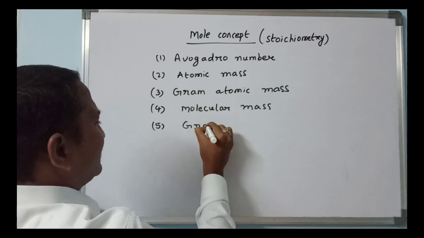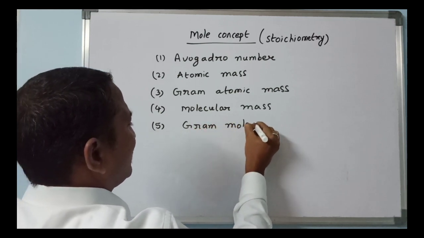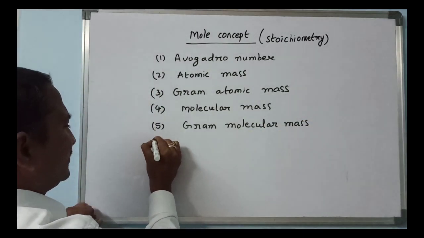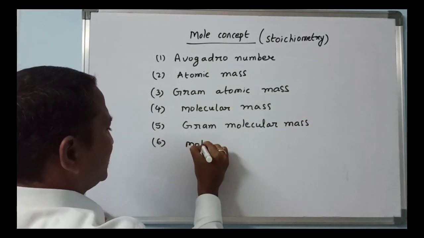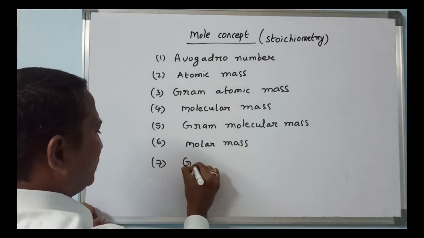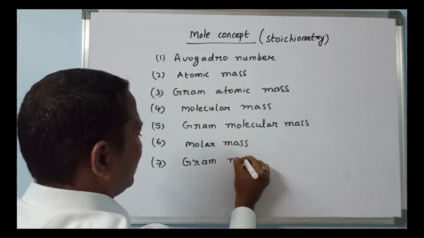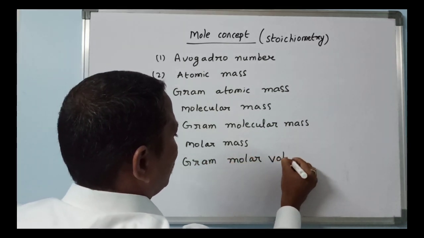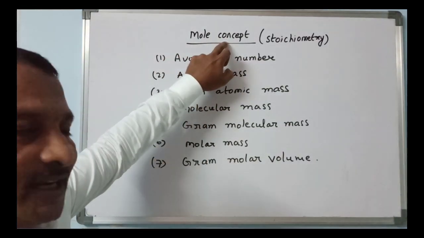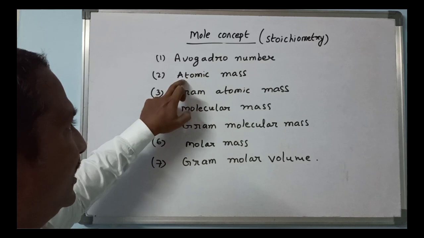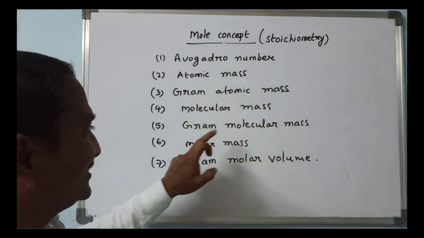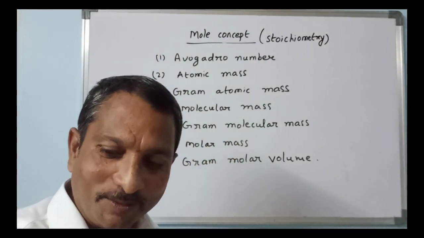Gram molecular mass. 6. Molar mass. 7. Gram molar volume. Note down all of you. This mole concept is related with Avogadro number, atomic mass, gram atomic mass, molecular mass, gram molecular mass, molar mass, gram molar volume. Okay?